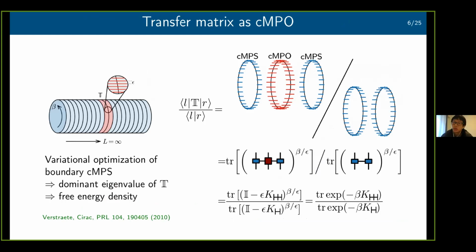So in principle, in the low temperature limit, we can increase our bond dimension correspondingly with respect to log beta. So you need a much larger bond dimension at low temperature. Yes.